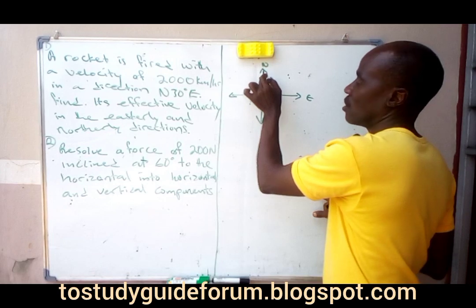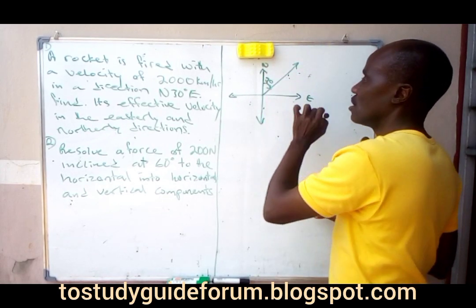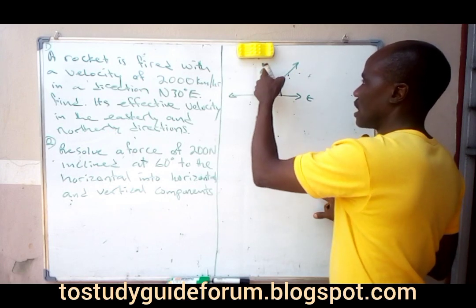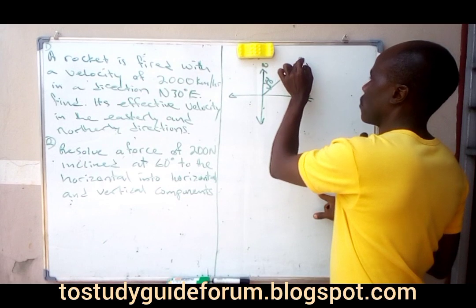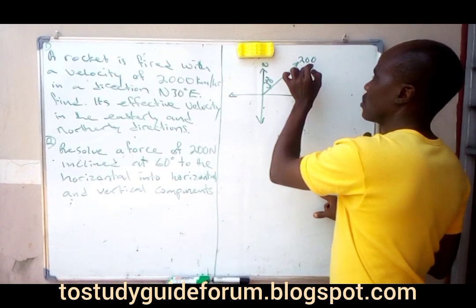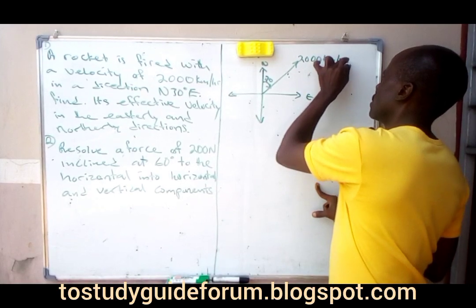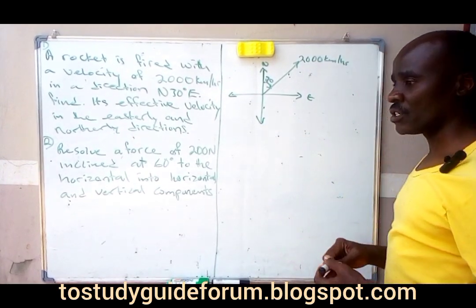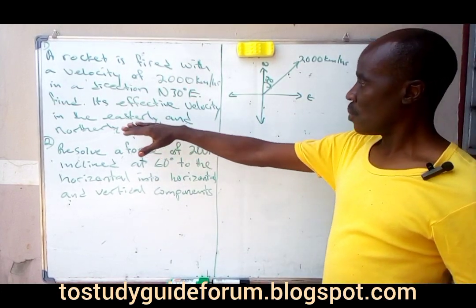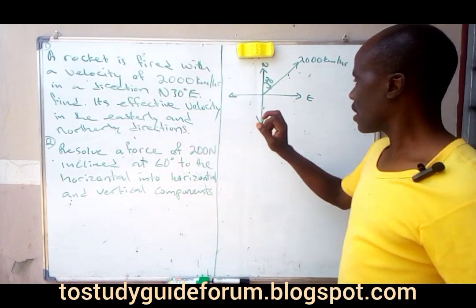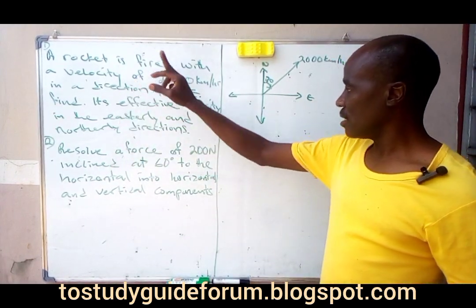We have 30 degrees here, and what we're looking for is the resolution northerly and easterly. So the velocity in question is this. We are going to resolve it into the easterly direction, which is this end, and the northerly direction.